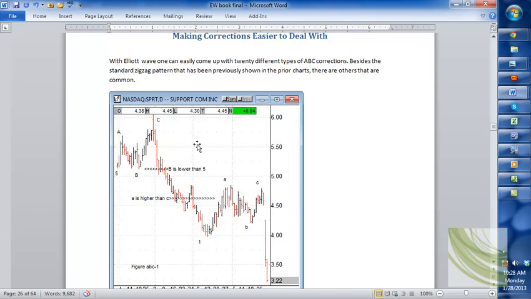So these are examples of ones that don't count effectively. So in other words, here you have one that would not count as a garden variety zigzag, also where the C does not go beyond the A. Okay, if it went beyond the A, just a little above it would be fine. Then this would be a garden variety zigzag.